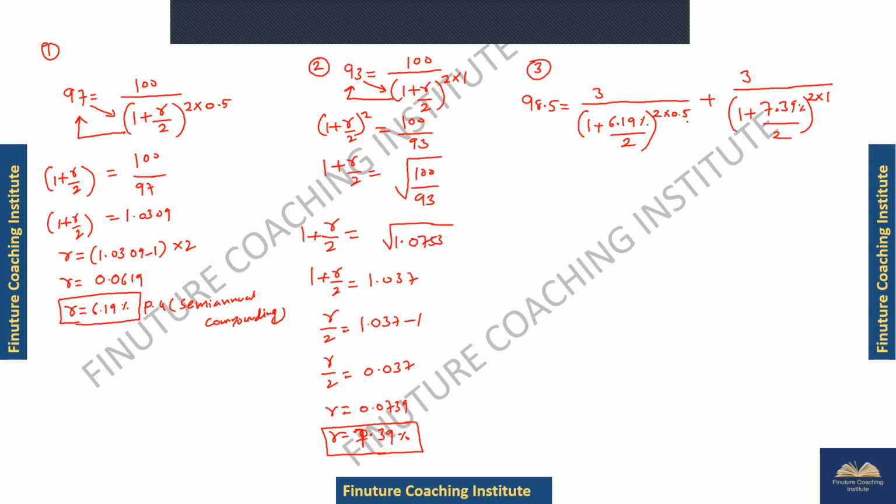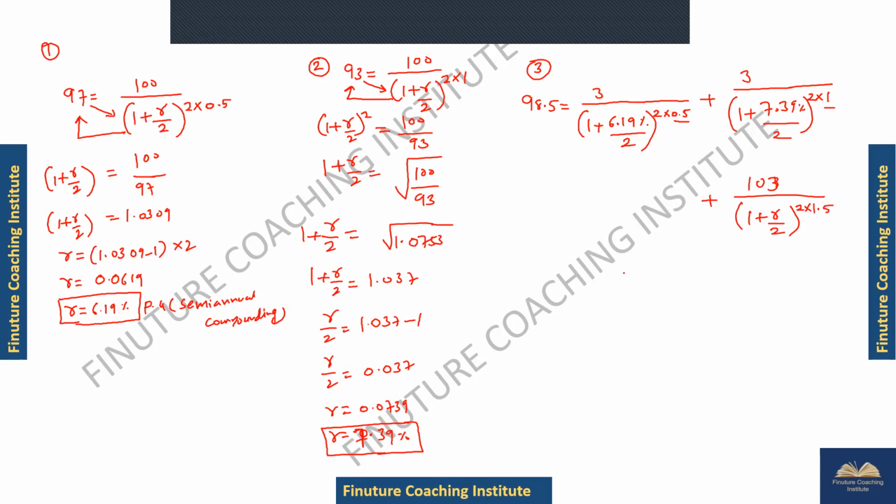Important point to note: 6 months is 0.5 and 1 year is 1. And lastly, you will have 103, that is your par value plus the last coupon. And this R we have to calculate. This is the spot rate for the 1.5 year. So your N is constant and this T is 1 and 1.5.